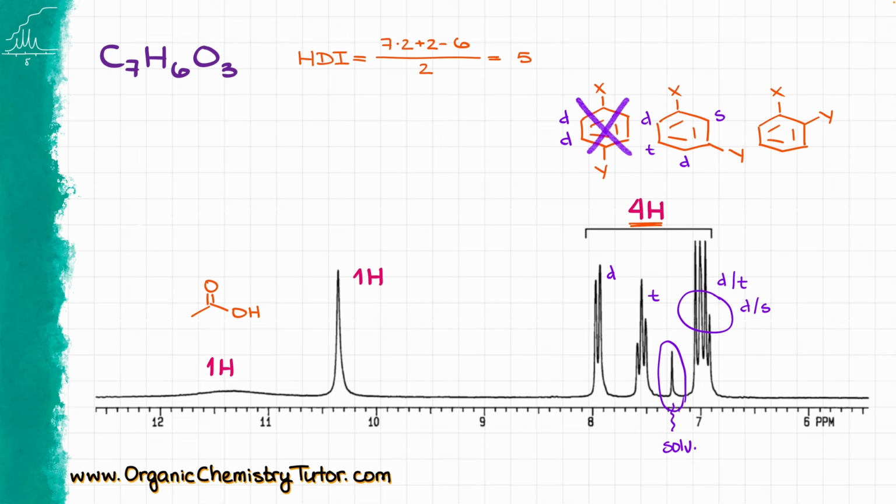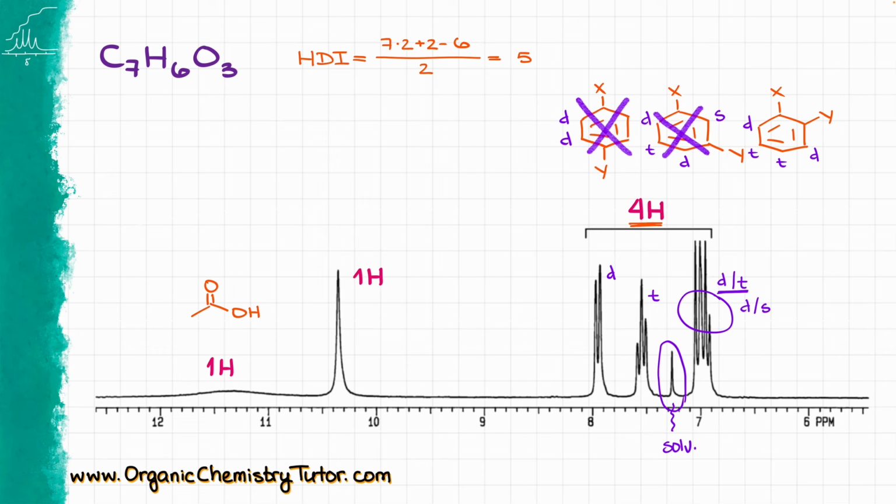To me, that looks more like an overlap of a doublet and a triplet, so likely we are going to see not the middle option, but the very last one, where our splitting pattern is going to be a doublet, triplet, and another doublet.